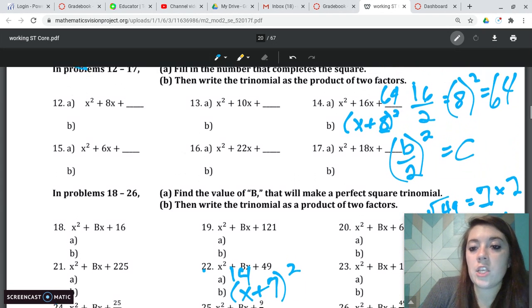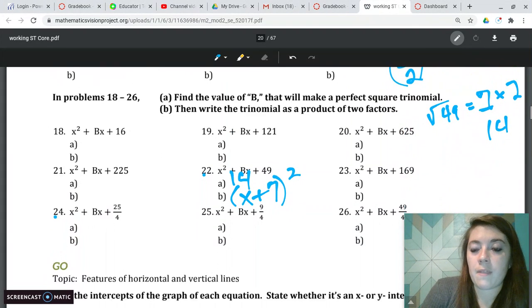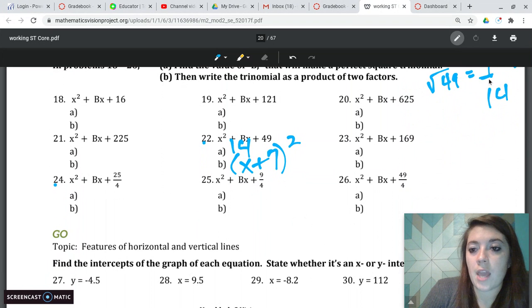So we're just undoing what we did up here. Here we divided by 2 first, then we squared, we got our c value. Down here, we're going to take the square root and then multiply by 2 to find our b value. That term in the middle, though, that you get, so the 8 or the 7, that is the term you're going to use when you write out the trinomial as a product of two factors.